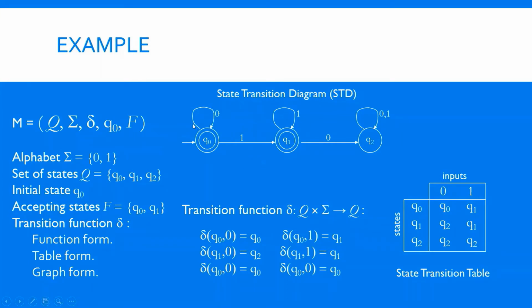Then you can easily draw this. Q0 on 0 is Q0, so you can draw this one. Or if this is given, you can write this. Or any one can be given, and you can write the others. STD, transition table, and transition function.